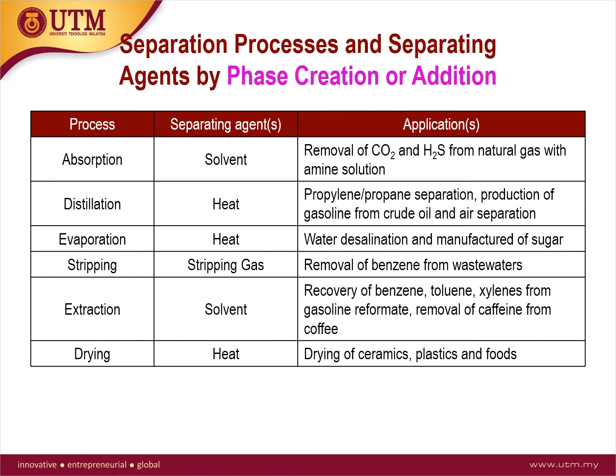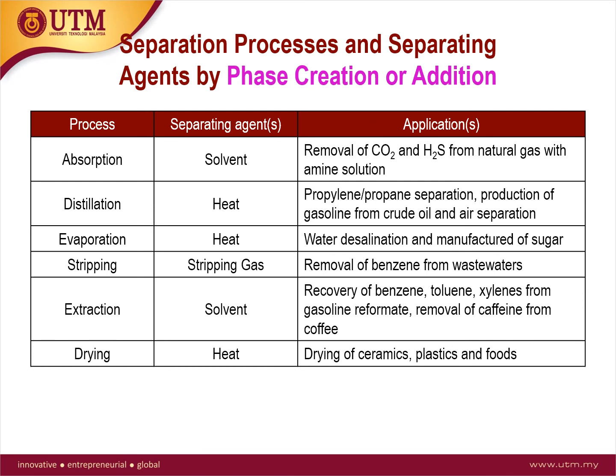The stripping process uses a stripping gas, for example, removal of benzene from wastewater. The stripping process is categorized under phase addition. Then extraction. Extraction uses solvent as separating agent, or MSA, so this is categorized under phase addition.